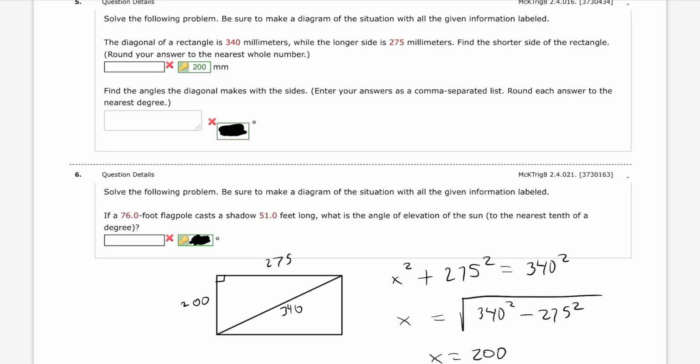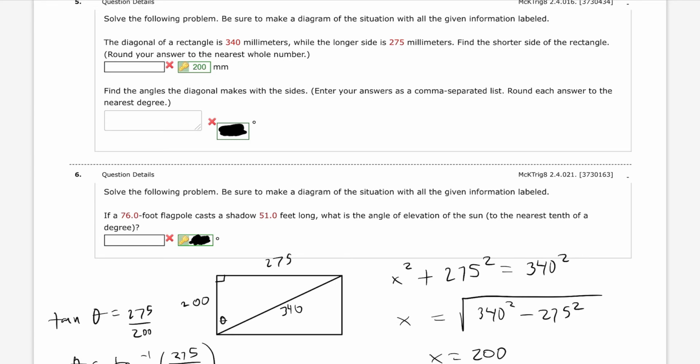So let's see, I'll call this theta. I'm going to use tangent. Tangent of theta is equal to opposite over adjacent. And now I would use the inverse function to find the angle measurement. And that should do it.